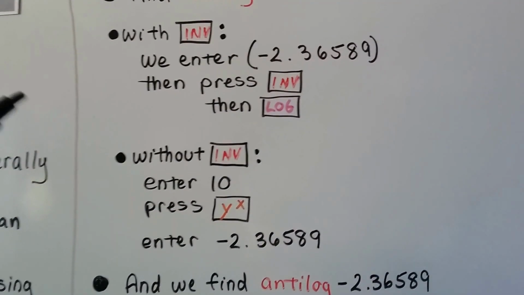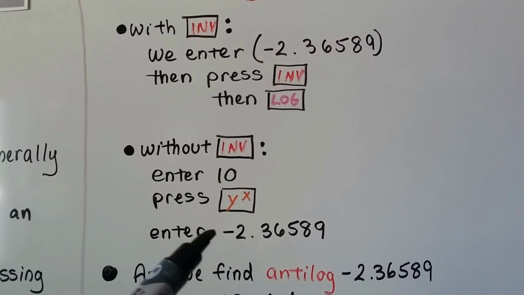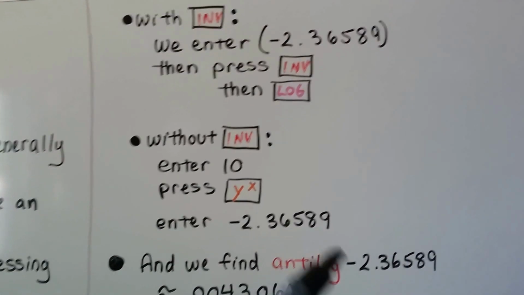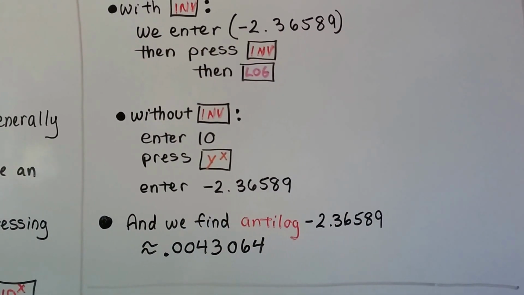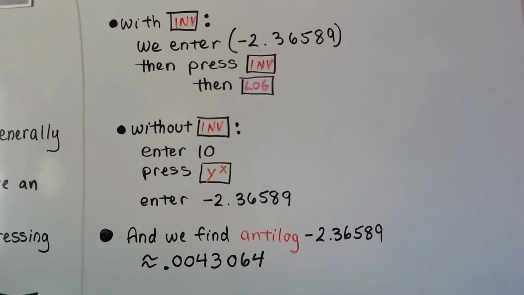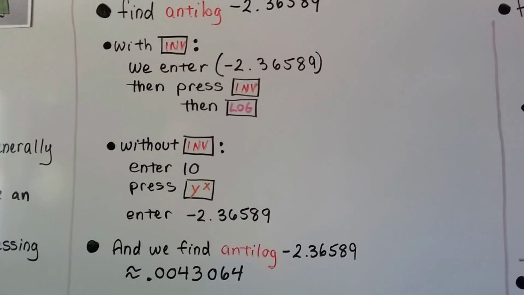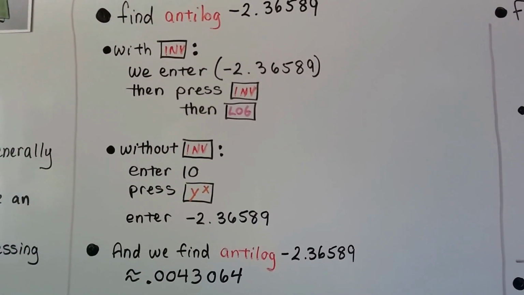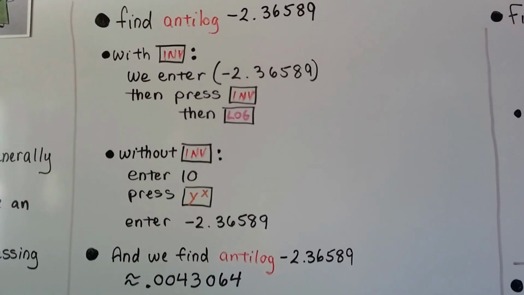Without the INV key, we're going to enter 10, press y to the x, enter our negative number, and we find our antilog of this number is approximately 0.0043064. You can pause the screen and try this on your calculator, whichever one you have, with or without that inverse key.